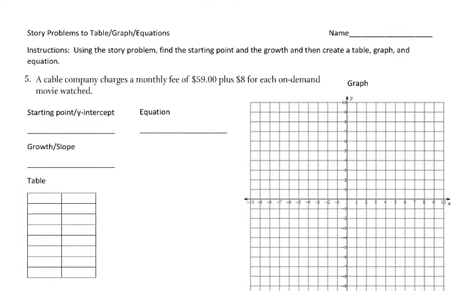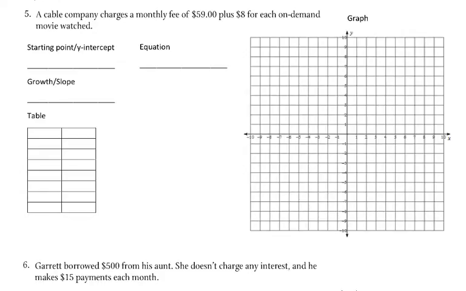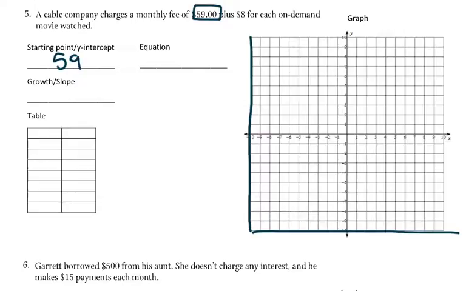Okay, next one. A cable company charges a monthly fee of $59 plus $8 for each on-demand movie watched. Really should have printed out better graphs for you guys, huh? Okay, so how is our monthly fee charged? Well, it's $59 to start with, right? There's our starting number. And then how is it going to grow?